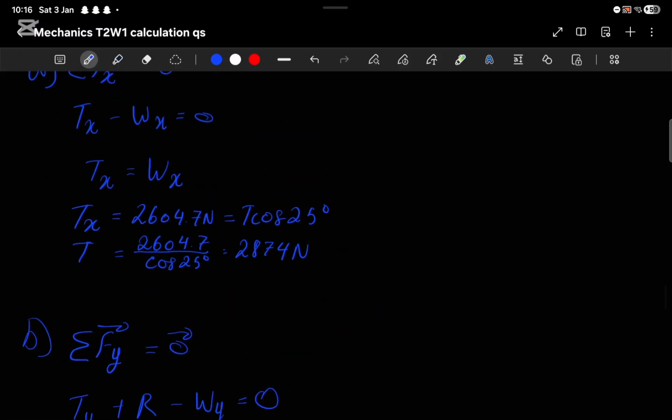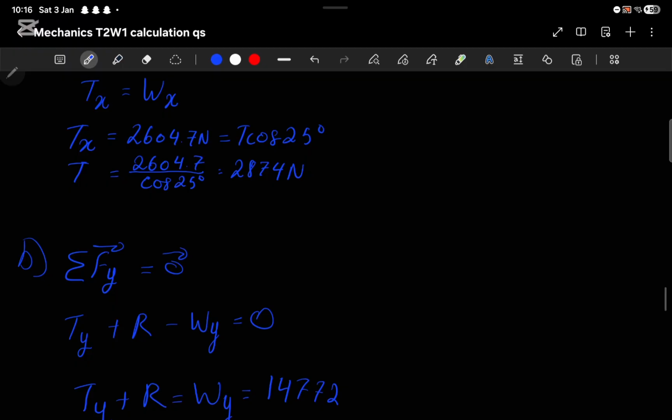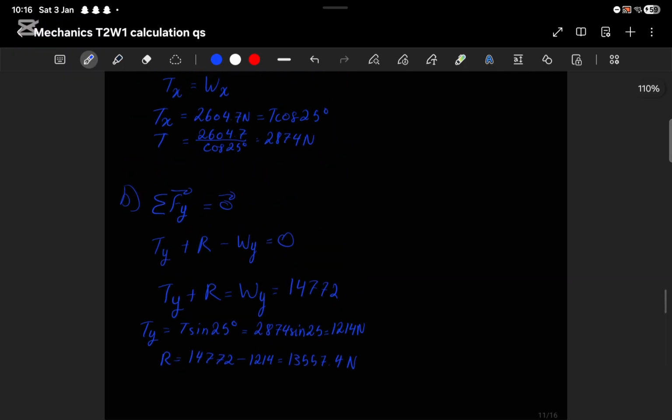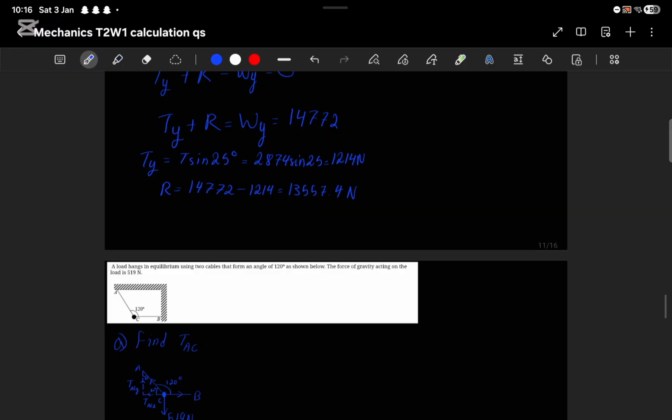So 2604.7 over cosine 25. Or you can just write tan 25, because you'll have sine here and cosine, whatever. I'm just checking if it works. No, it still gives you, I don't know, they somehow got 13,558. Whatever. It should be 13,557. Doesn't matter. In the exam, they'll accept both.